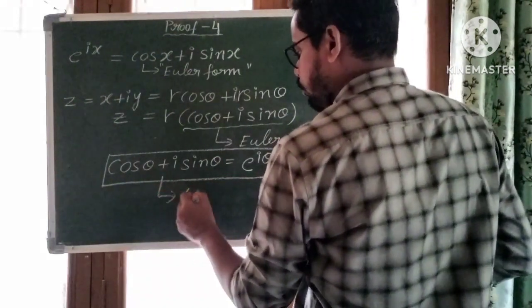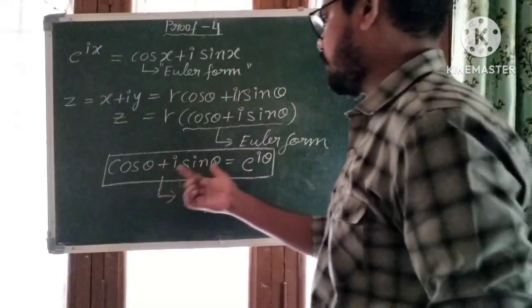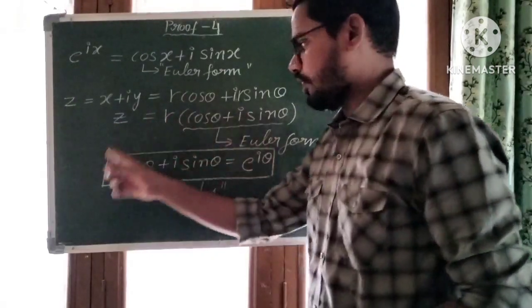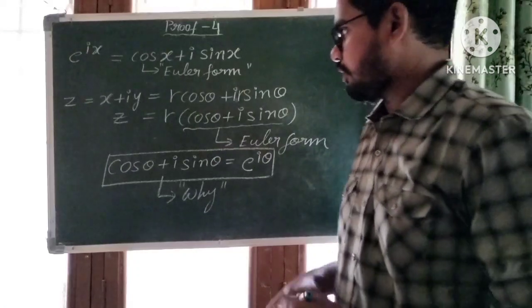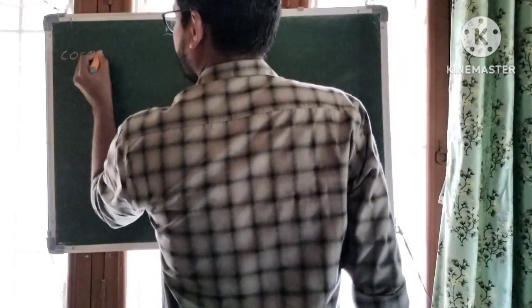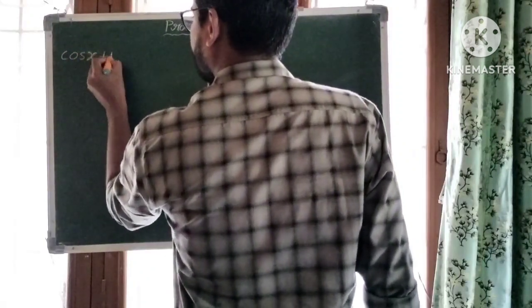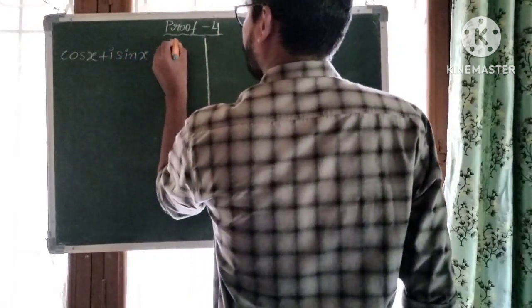So I am going to prove why cos theta plus i sin theta is equal to e power i theta. I am going to prove Euler form. Let's start. Cos x plus i sin x is equal to e power ix.